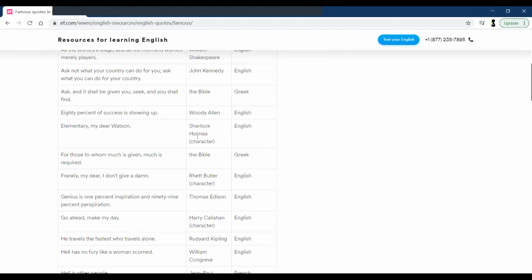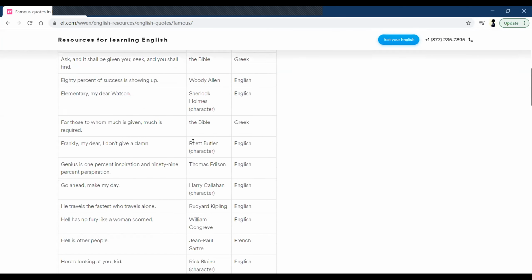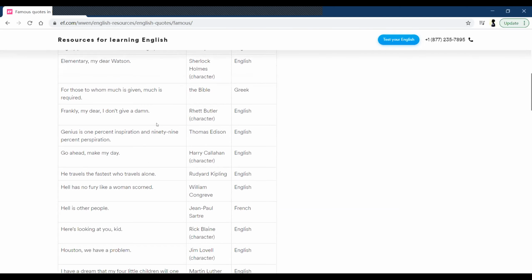It's a sentence that Holmes always says when he points out a truth and Watson appreciates him, and Holmes says this. I think that's kind of bragging.